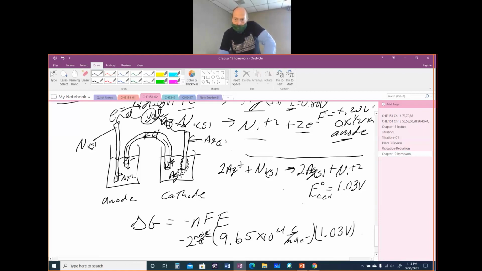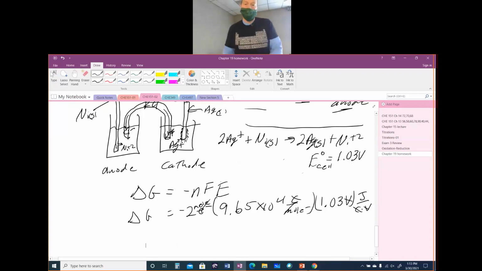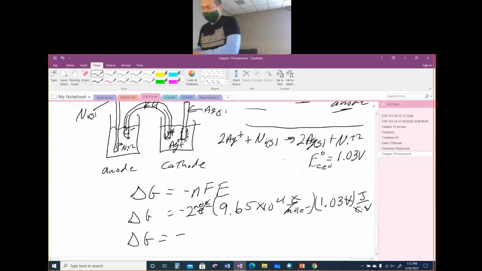And then your voltage is 1.03 volts. And a joule is equal to a coulomb times a volt. And so when you cancel out your coulomb and your volt, you get a joule, which is the units for delta G. All right, and so if your E value is positive, that makes your delta G value negative. And so delta G is always negative if your E is positive.